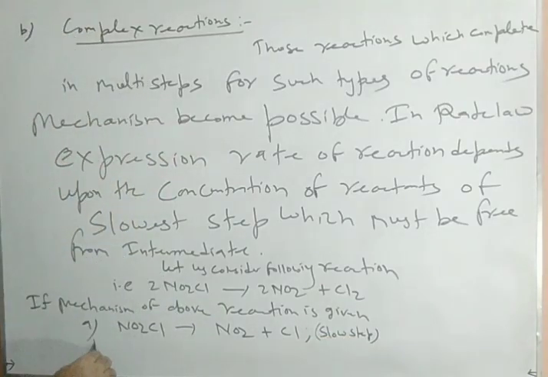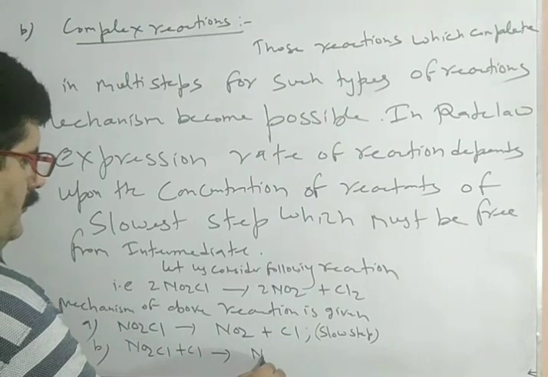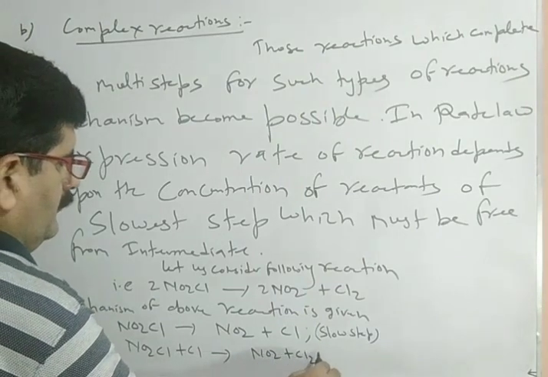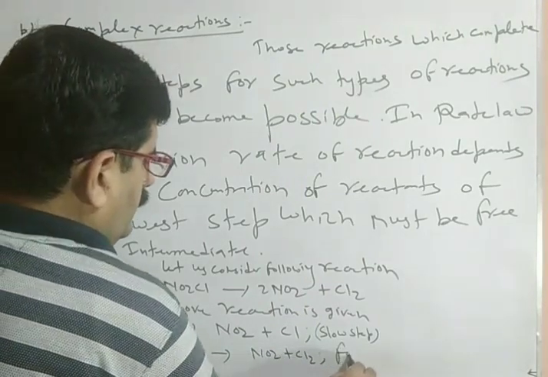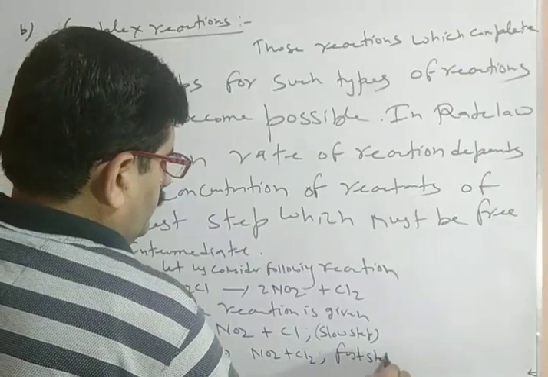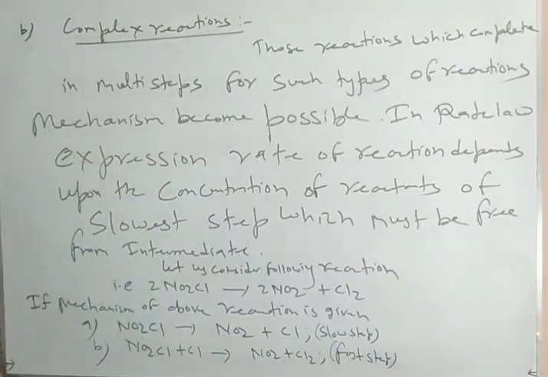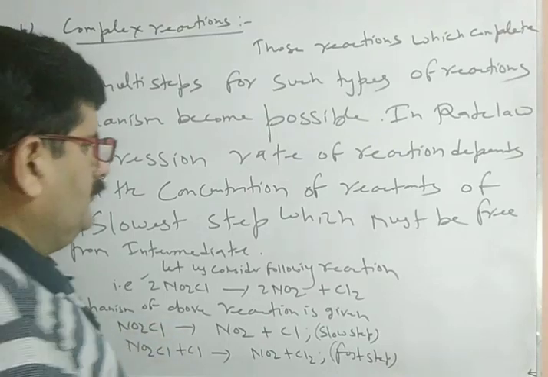And the second one, NO2Cl gains chlorine free radical converted into NO2 plus Cl2. This is fast step. After adding A and B, we obtained our original reaction. A is said to be slow step.